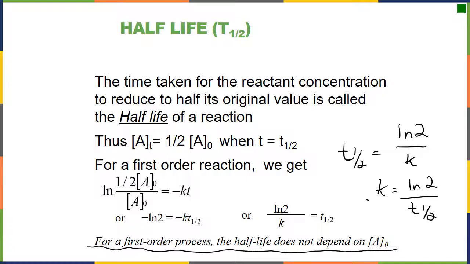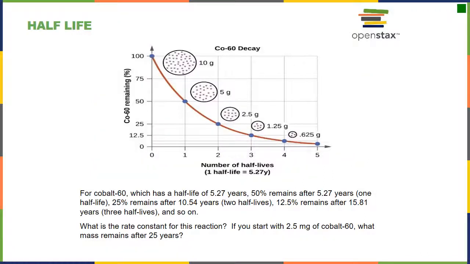Well, what's k? K, again, is that rate constant that we saw from the rate law. It is going to depend on the half-life. Let's consider what that means. I'm looking at cobalt-60. Cobalt-60 has a half-life of 5.27 years, which means if I start out with, let's say, 10 grams, and I let it decay for 5.27 years, I'm going to have 5 grams left.